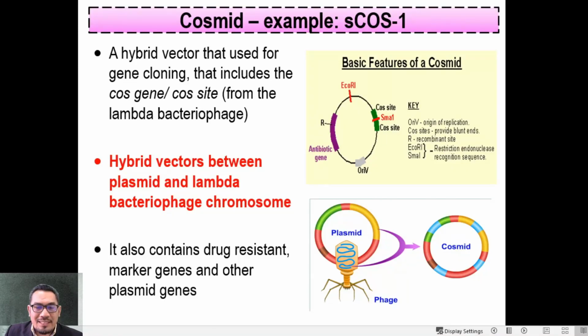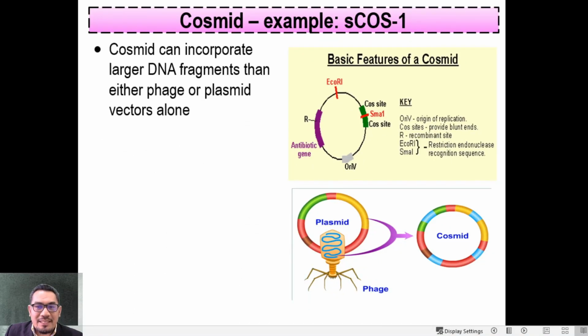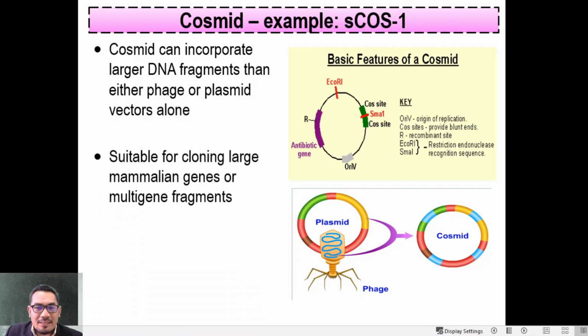It also contains drug-resistant marker genes and other plasmid genes. Cosmid can incorporate larger DNA fragments than either phage or plasmid vector alone, suitable for cloning large mammalian genes or multi-gene fragments. Capacity for cosmid is 44 kilobases.